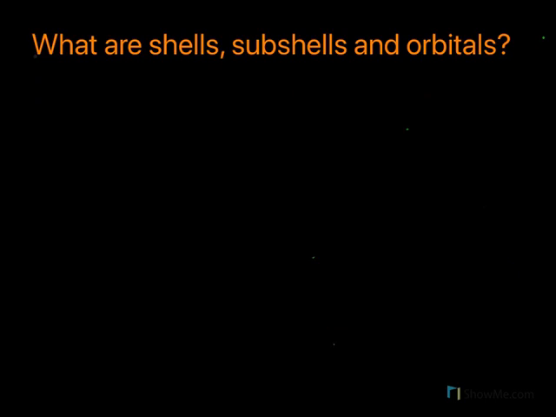So what about these things called subshells? Well, we will not see different subshells until we hit an atom like boron. So let's take a look at boron. Boron has 5 protons, 5 electrons, and 6 neutrons.